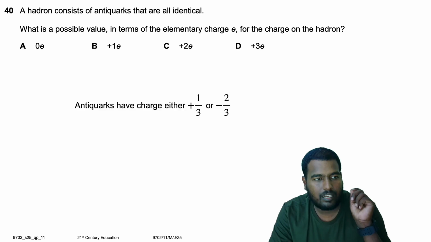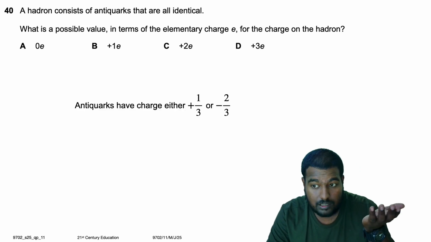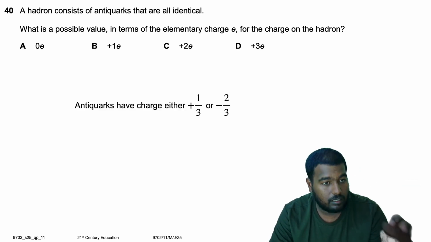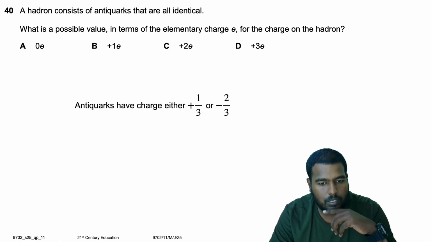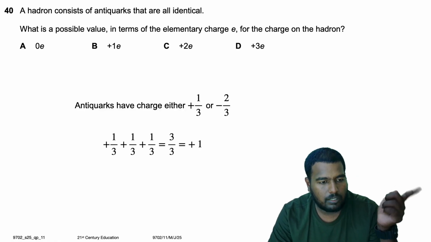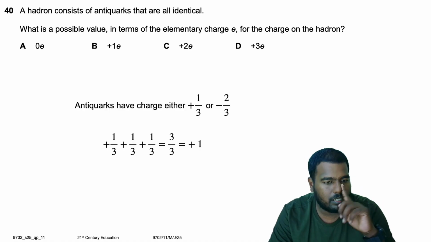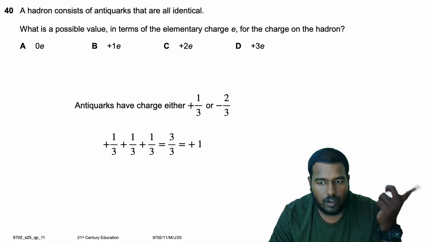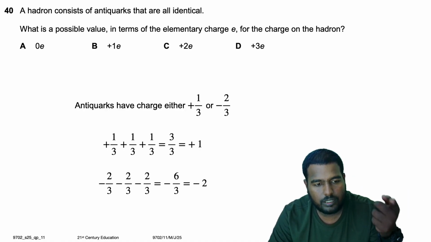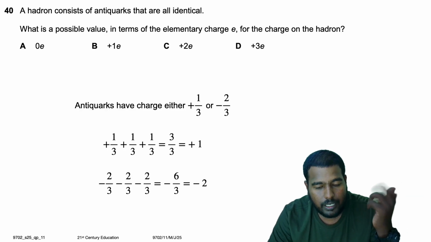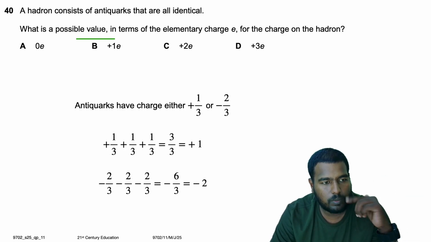When we have 3 antiquarks, they have to be identical. So it's all +1/3. If we add all, you will get +1/3, +1/3, +1/3, which is 3/3, that is +1. Or if all of them are -2/3, -2/3, -2/3, you will get -6/3, which is -2. -2 is not an option here, so only +1. So +1e is the right answer.